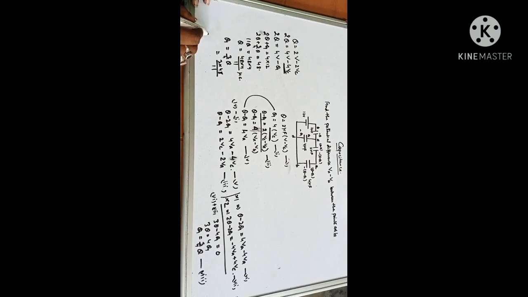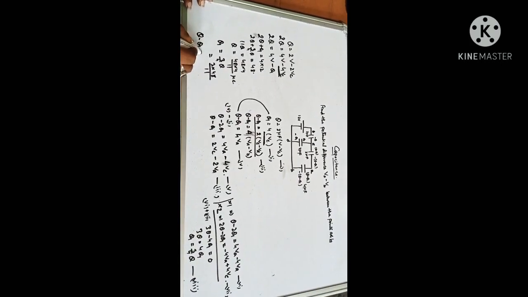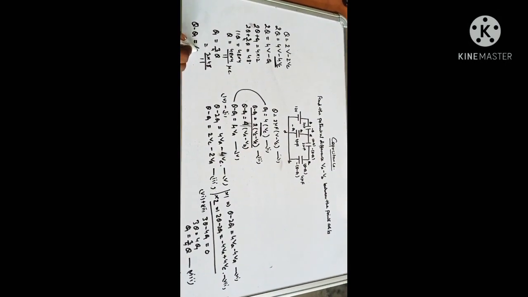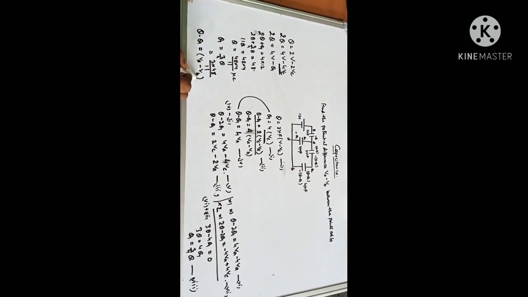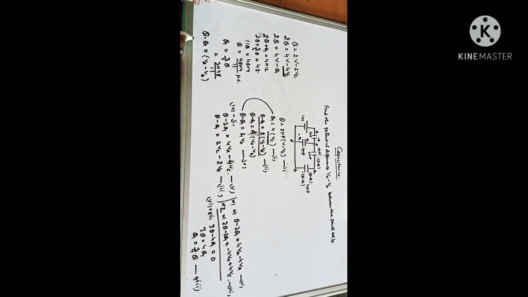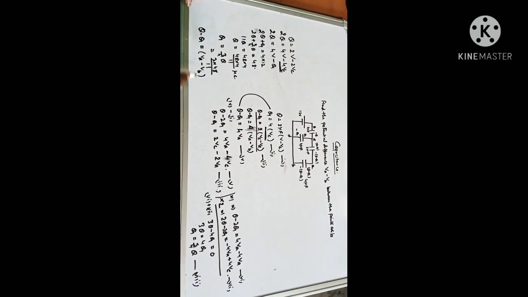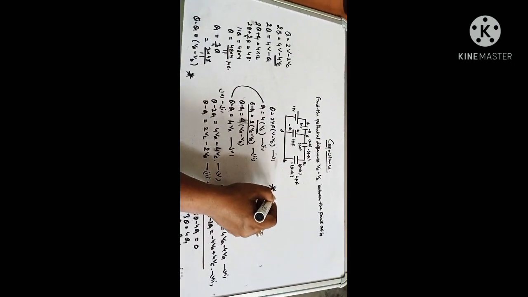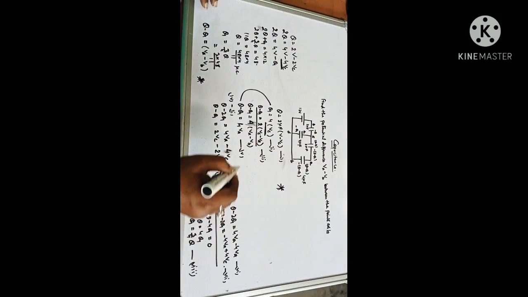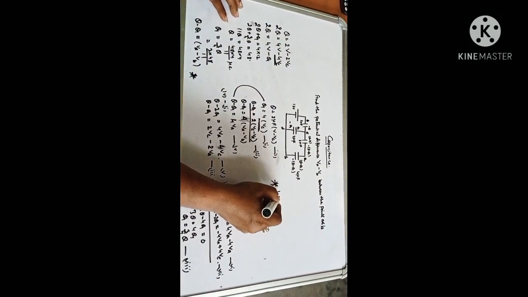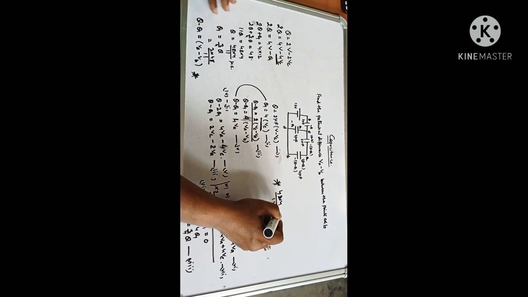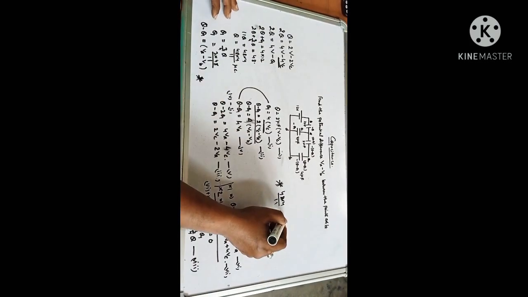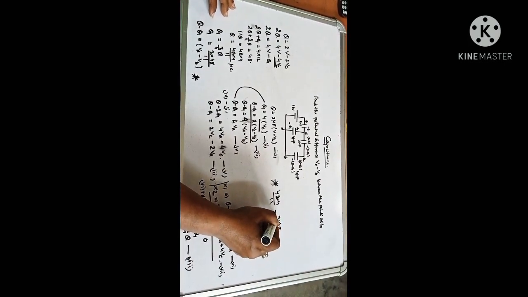And here we know that q minus q1 is equal to va minus vb. So q minus q1, that is q is how much? 48 into 4 by 11 minus q1, which is 3 into 48 by 11.